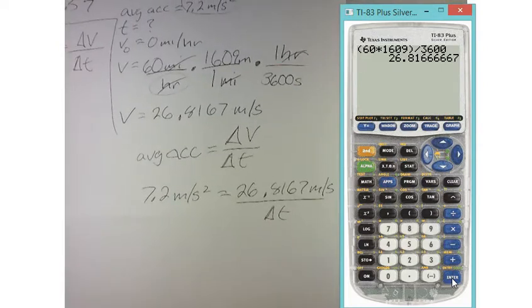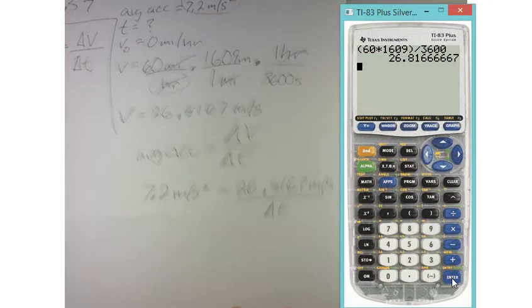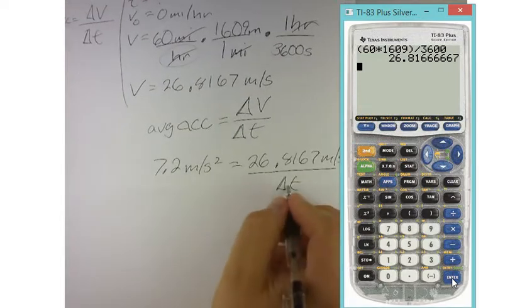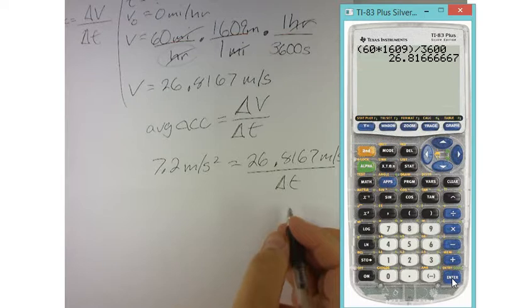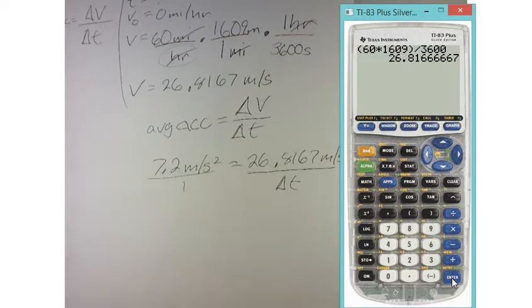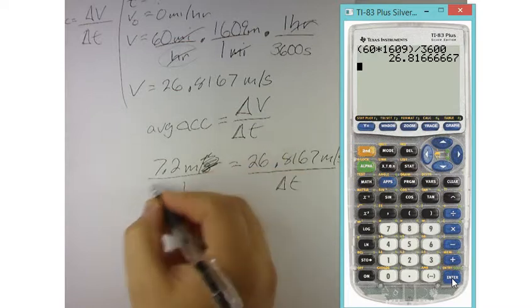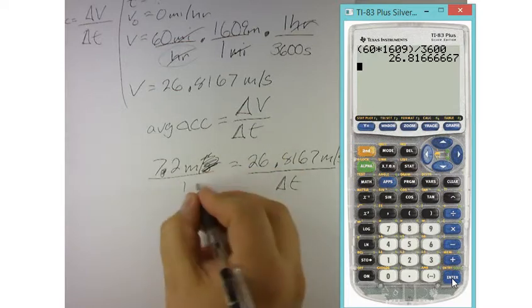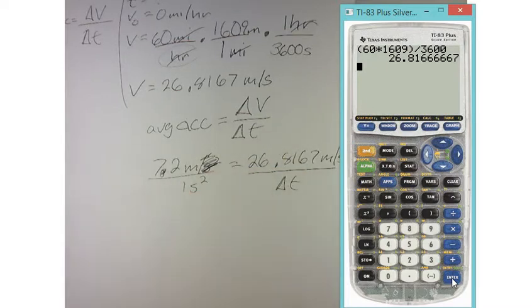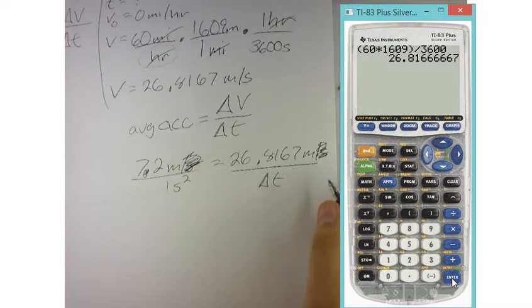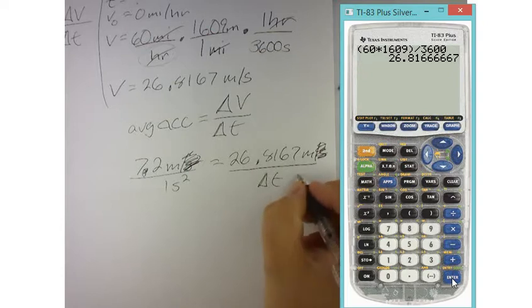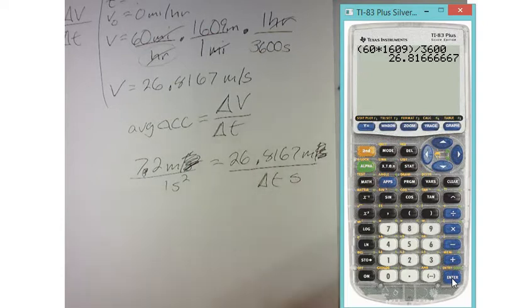Is that better? Okay. So now algebraically what I want to do is solve for t. So if I pretend this is this over 1. Now here's the thing. This is really 7.2 meters per 1 second squared. Just like this is really 26.8167 over delta t seconds.